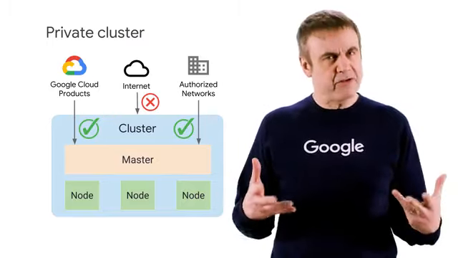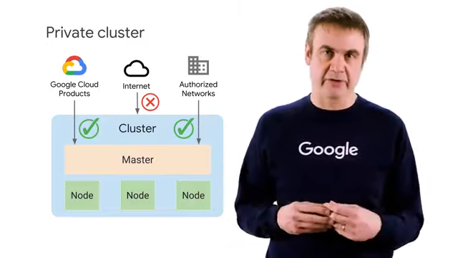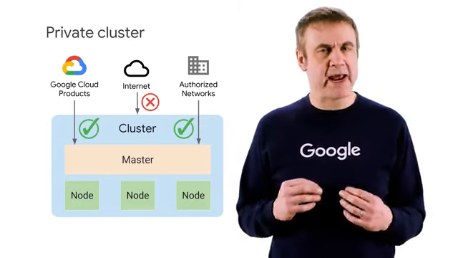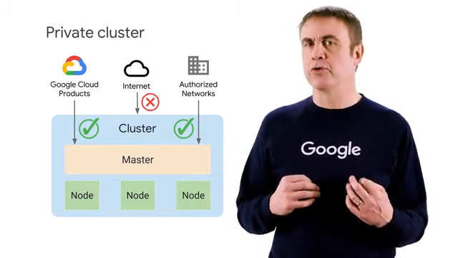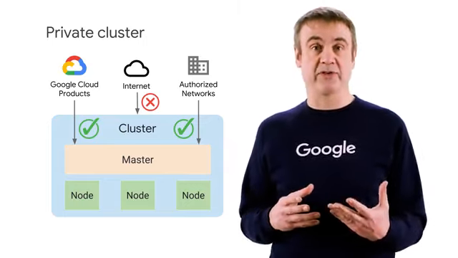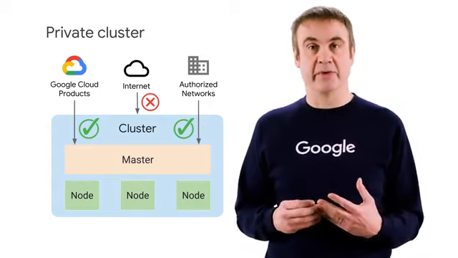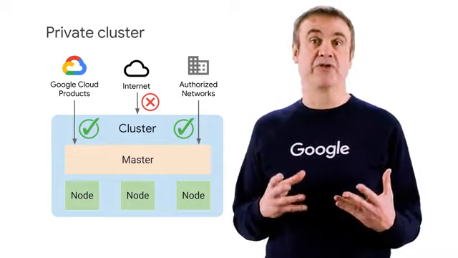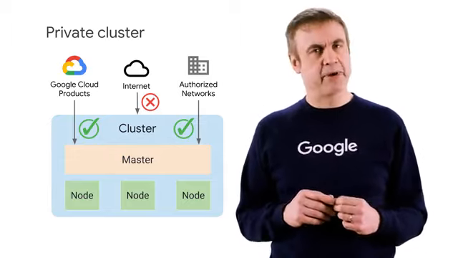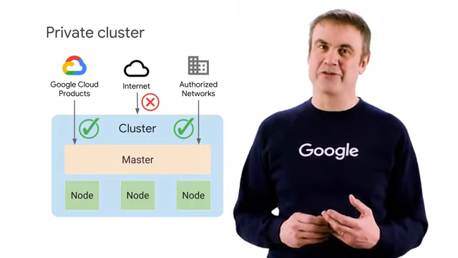Authorized networks are basically IP address ranges that are trusted to access the master. In addition, nodes can have limited outbound access through Private Google Access, which allows them to communicate with other GCP services. For example, nodes can pull container images from Google Container Registry without needing external IP addresses. The topic of private clusters is discussed in more detail in another module in this specialization.